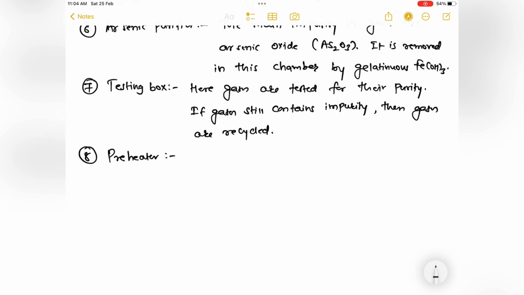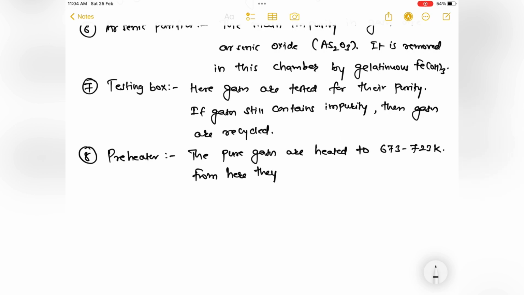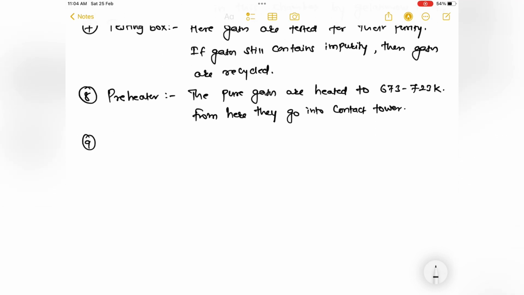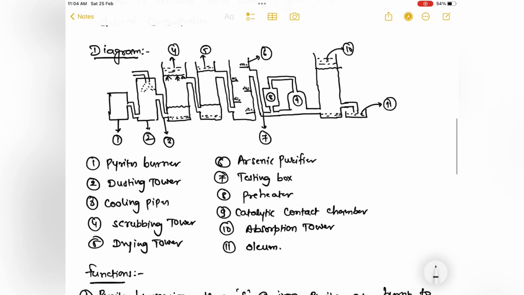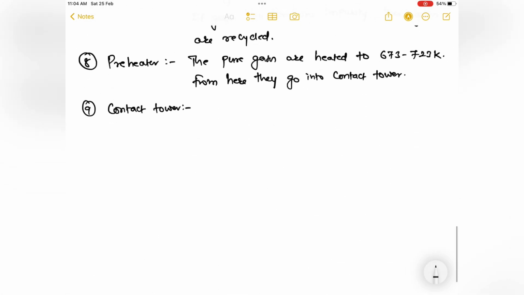8th one is preheater. The pure gases are heated to 673 to 723 K, and from here they go into the contact tower. 9th one is contact tower, that is called catalytic contact chamber.